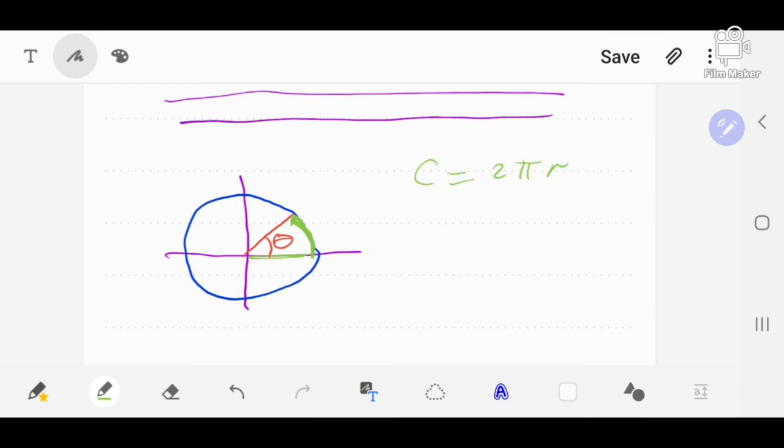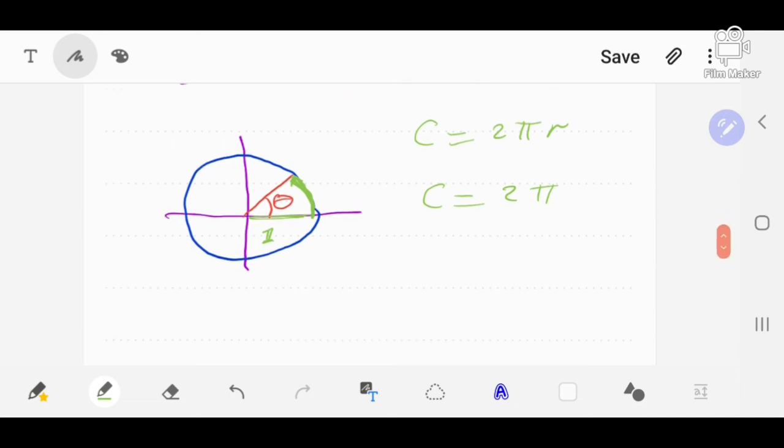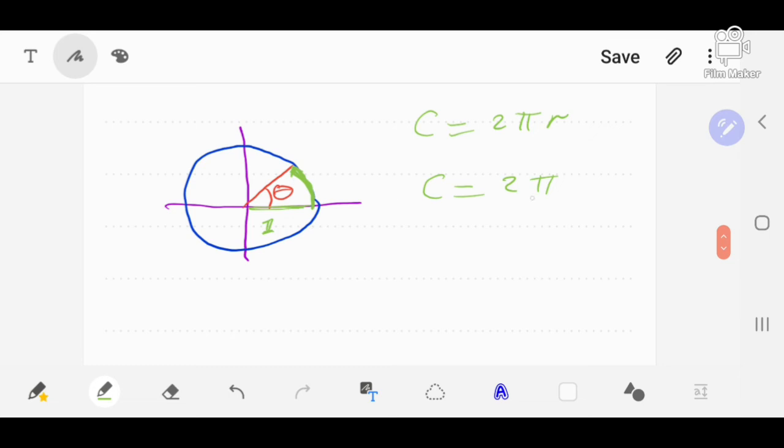Well, according to the definition of the new measurement, it says the amount of rotation. So if I'm talking about the full circle, then the amount of rotation was 2 pi, which means actually 360 degrees is the same as 2 pi rotation. This would be the measure of angle in degree, and this would be the measure of angle in radian.